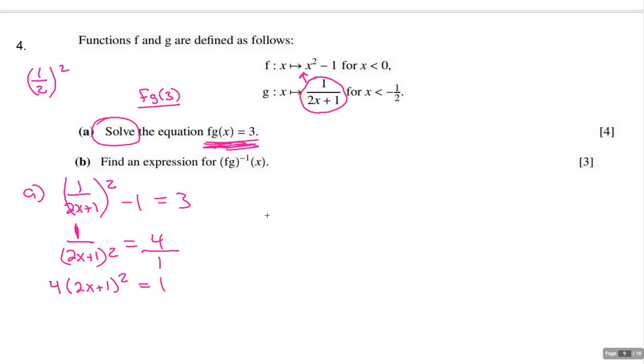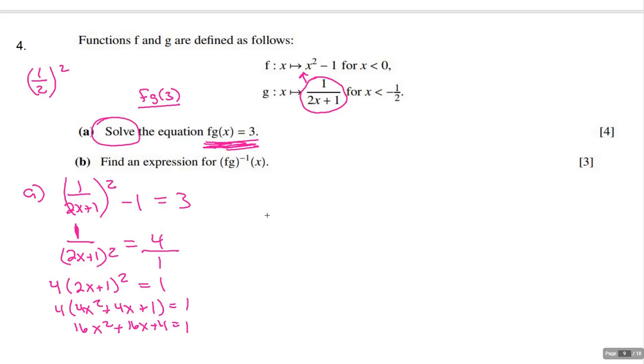Now what are we going to do? You expand the 2x plus 1 squared. Let's do that. What do we get? You get 4x squared plus 4x plus 1. And then that whole thing gets multiplied by 4. So this is going to be 16x squared plus 16x plus 4 equal 1.